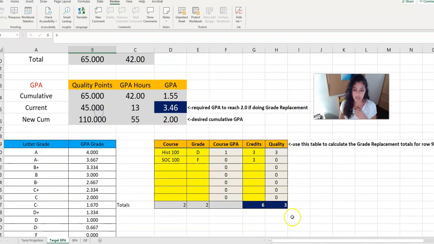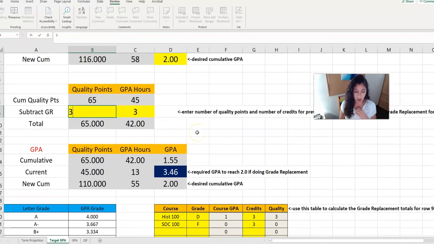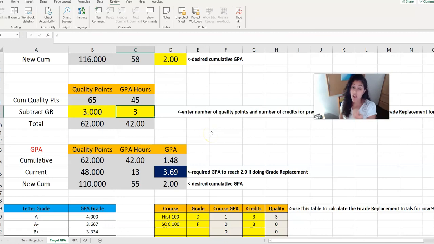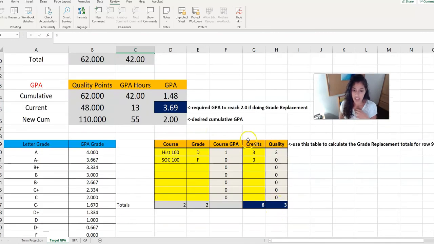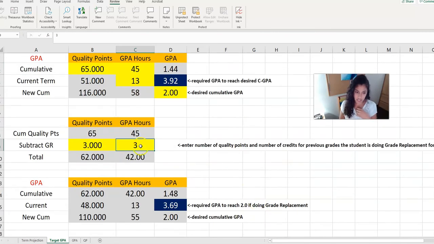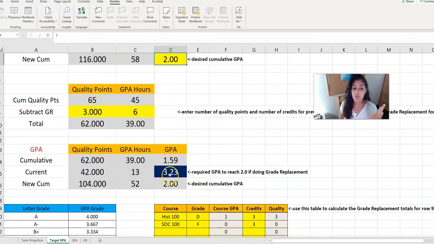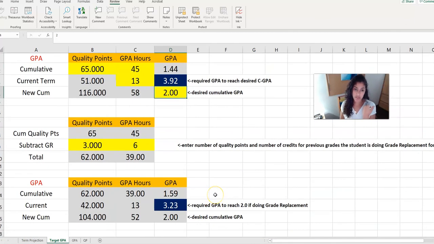So quality points, we're removing 3 quality points because Fs don't have any quality points, and it's 6 credits they're taking. Boom. And so you can see how much that dropped it down. Like automatically, we went from needing a 3.92, yikes, to only a 3.23 with grade replacement.